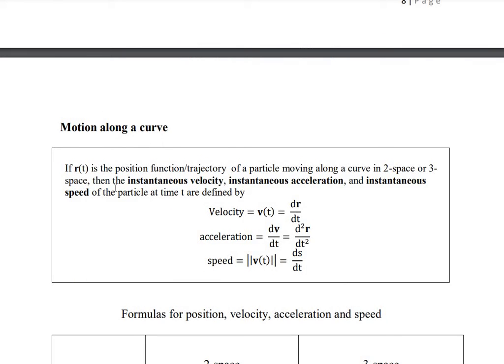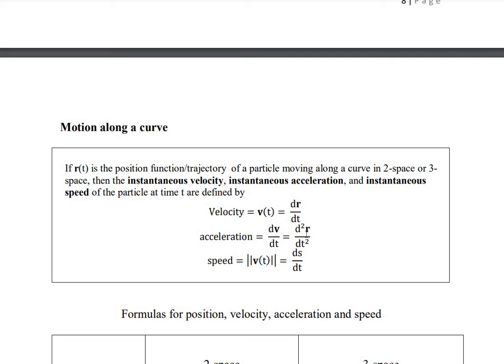Motion along a curve. If vector r of t is a position function or trajectory of a particle moving along a curve in 2 space or 3 space, then the instantaneous velocity, instantaneous acceleration and instantaneous speed of the particle at time t are defined by velocity, vector v of t, is equal to the derivative of vector r with respect to t, and acceleration is the derivative of vector v with respect to t.